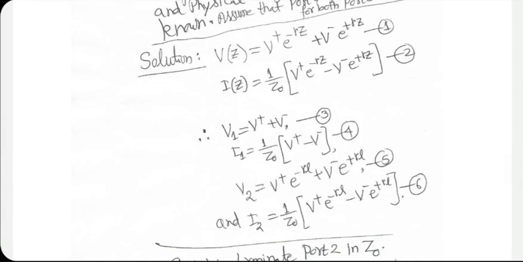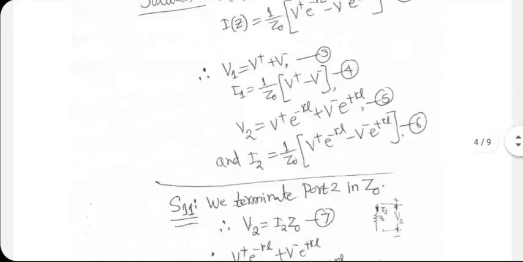So I get 1 upon Z0 multiplied by V plus minus V minus. V2 is obtained by putting small z equal to l, which is the length of the line. And I2 similarly by using equation 2 with small z equal to small l. So these are the four equations for input and output voltages and currents for a lossy transmission line.